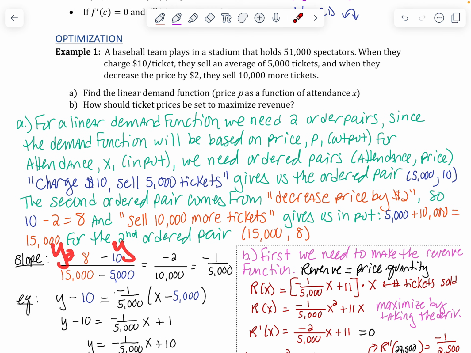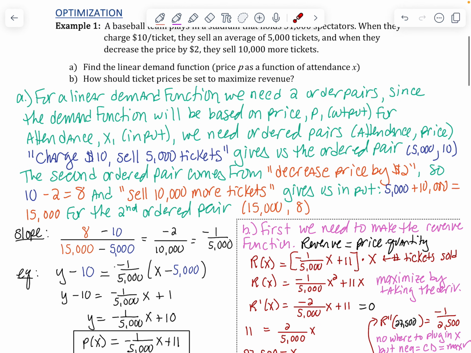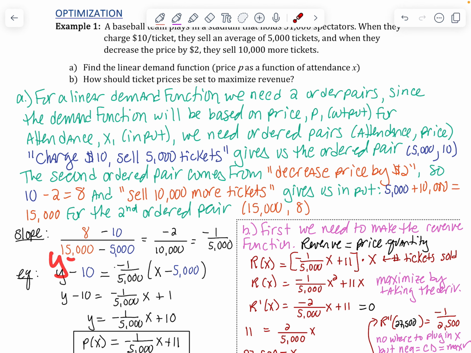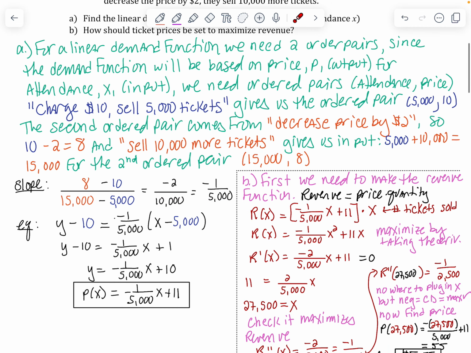Using our y2 minus y1 all over x2 minus x1 formula, we have a slope of negative 1 over 5,000. Using the y minus y1 equals m times x minus x1 formula, I can plug in an x1 of 5,000, a y1 of 10, and use my slope.